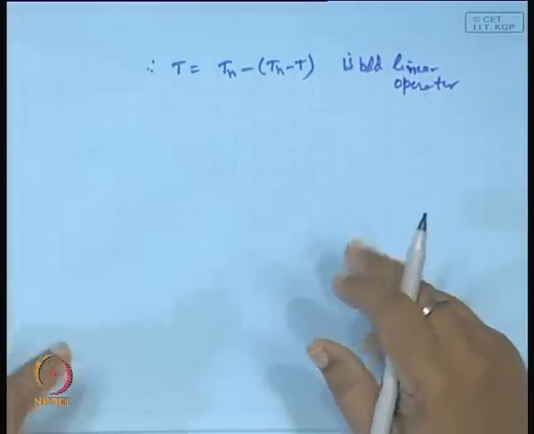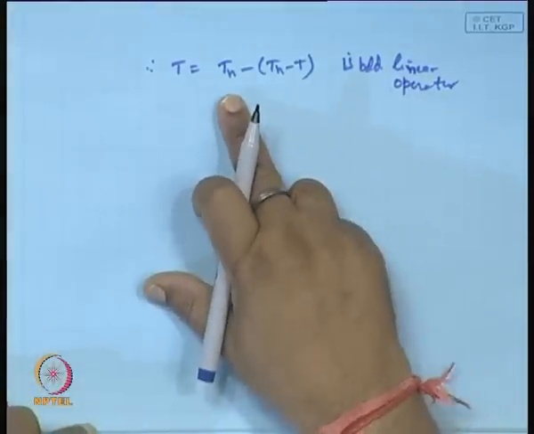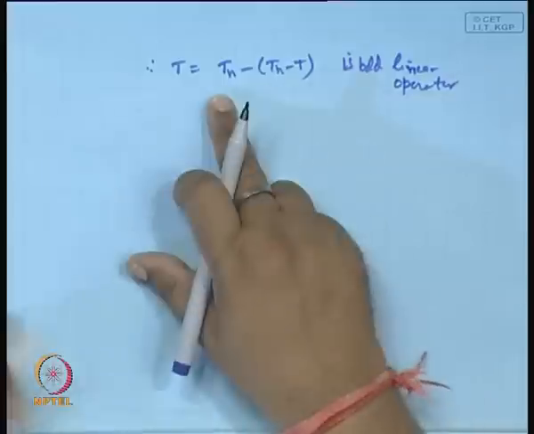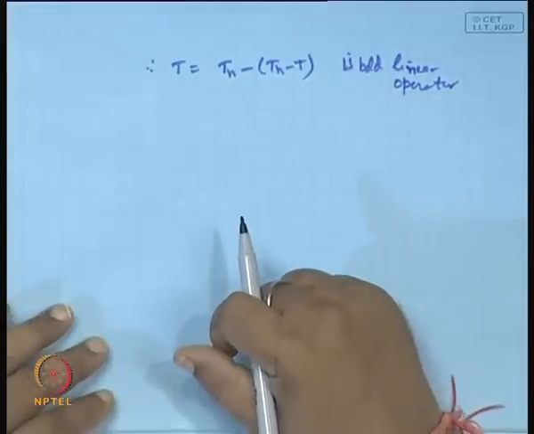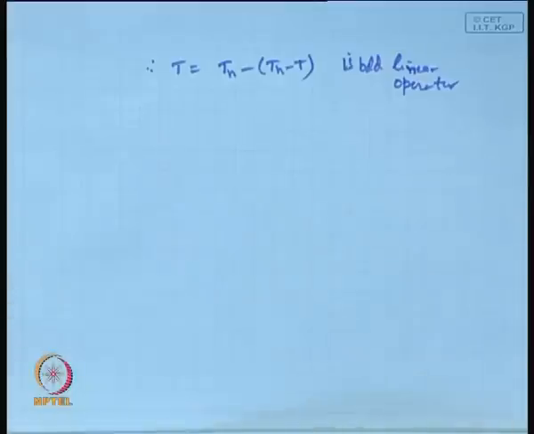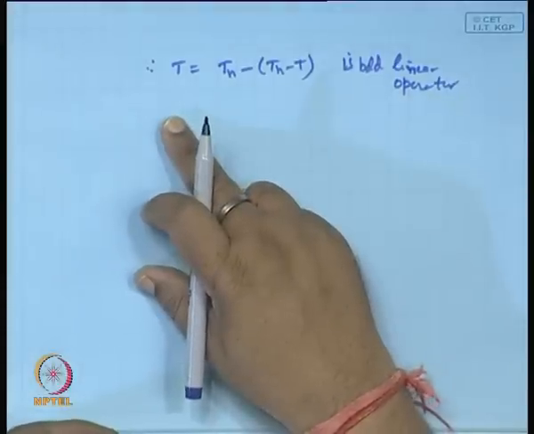This is a bounded linear operator, because this is bounded linear and this is bounded linear. So a combination of the two bounded linear operators, T will be a bounded linear operator. Is it clear or not? So T is not only linear, it is also bounded.